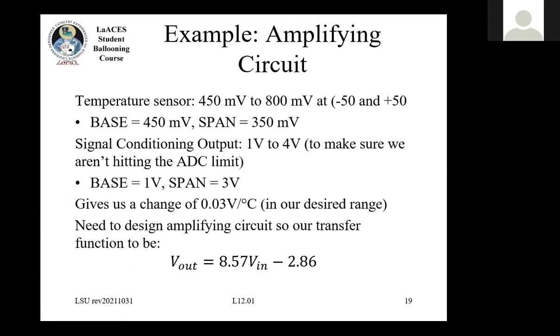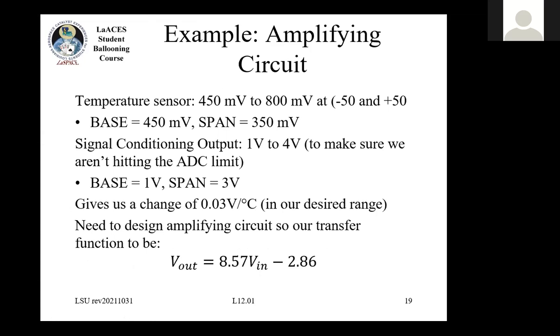All right. So let's say I know a little something about my sensor, and I know that it's going to read out 450 millivolts at -50, and it's going to read out 800 millivolts at +50. This depends on you knowing exactly what the signal output is going to be.